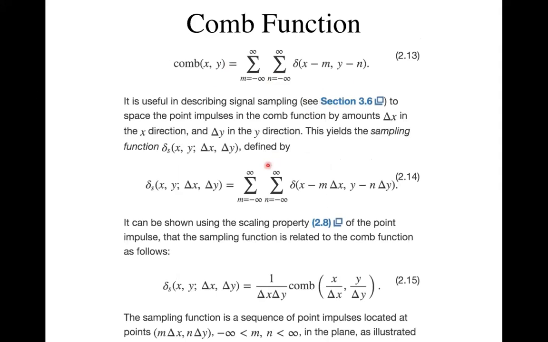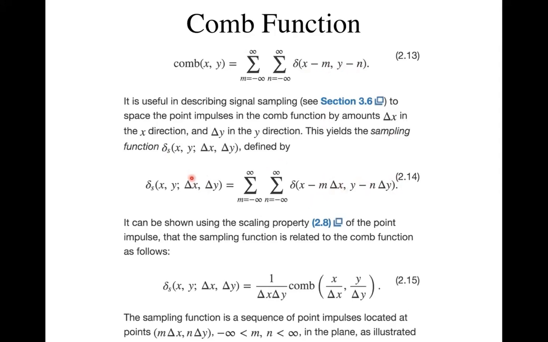It can be written down in two dimensions in a very similar way. And then we can derive a function called the sampling function, which is a close relative to the delta function, just by scaling where the non-zero values of the delta function fall. And so here I have the delta functions sitting on the integers in the xy plane. In this case, I can have the delta functions sitting on a continuous grid with a separation of delta x and delta y.